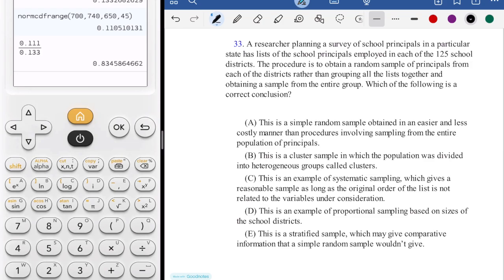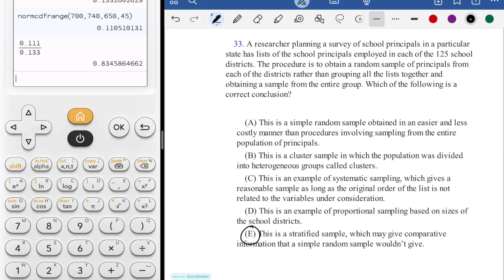Let's see what the conclusion would be. The procedure is to get a random sample of principals from each of the school districts and then put them all together, I guess. That sounds like it's stratified, which may give comparative information.